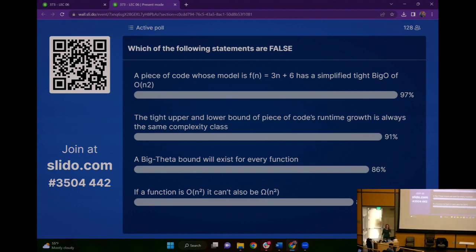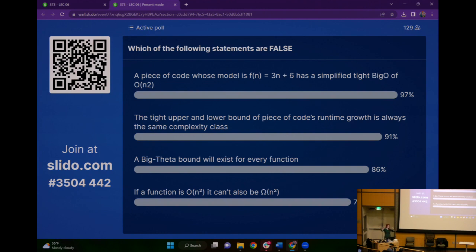But the question is, is it a simplified tight big O? No, it's not tight. So the tight big O of this function would be O of n, not O of n squared. It is still upper bounded by n squared, so it's technically a correct big O, but it's not the tight big O. That's the difference in that definition.